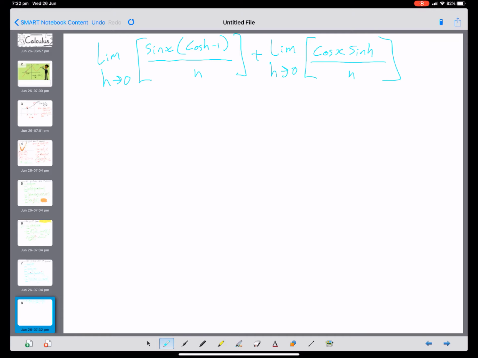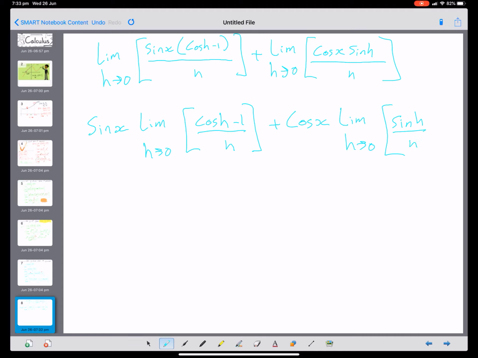Using rules of limits, we can take sine x out, leaving the limit as h goes to 0 of cos h minus 1 over h, plus we can take cos x out, leaving the limit as h goes to 0 of sine h over h.